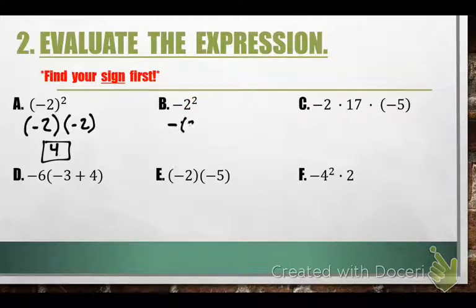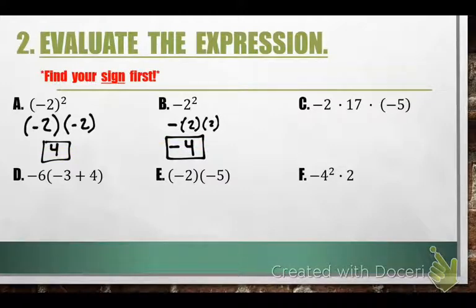Okay, so I'm going to bring that down. 2 times 2. All right, what's the answer, guys? Negative. Good job. We got to drop down that negative, and then -4 is the correct answer. So notice carefully, although the problems look similar, are the answers the same? No, one was a positive and one was a negative. So look carefully. If there's no parentheses there, it changed the way that we found our answer.